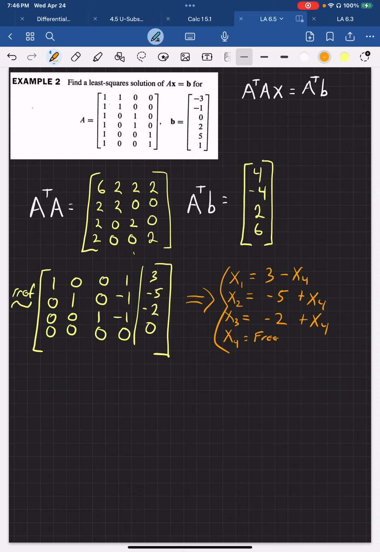Now, it's from here that we have to produce x hat, right? That x hat will give us the general form of all the solutions that we can reach.